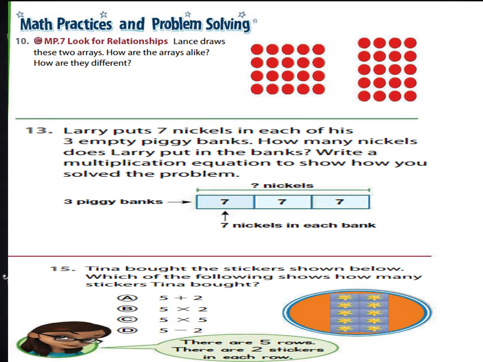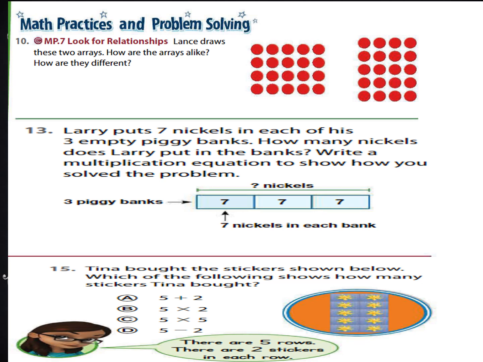Now look at question number 10. Lance draws these 2 arrays. How are the arrays alike and how are they different? Look at the arrays. Count the number of counters in the arrays. How many counters do you see? Excellent.